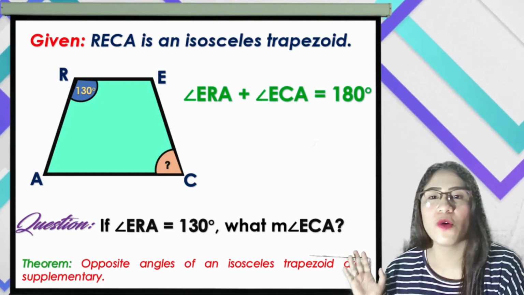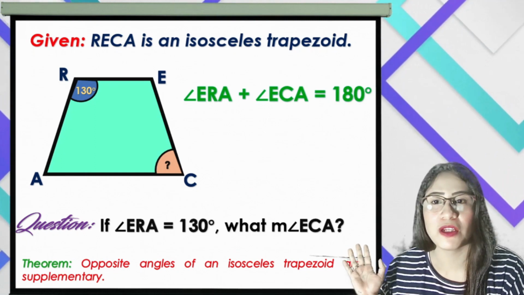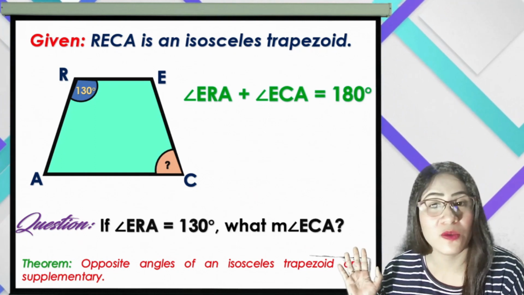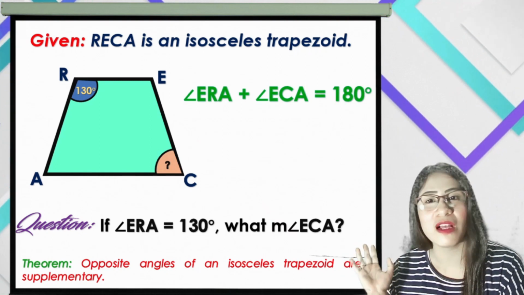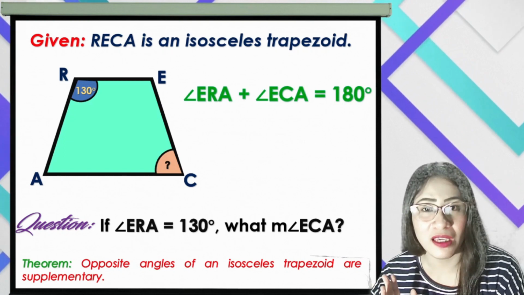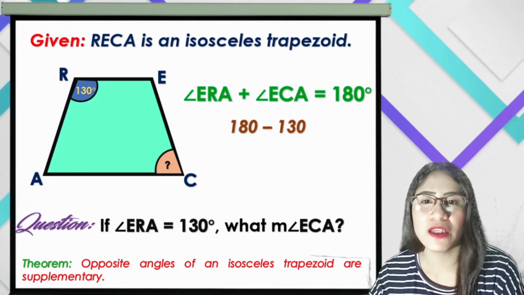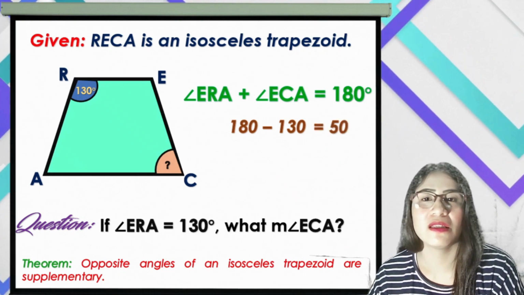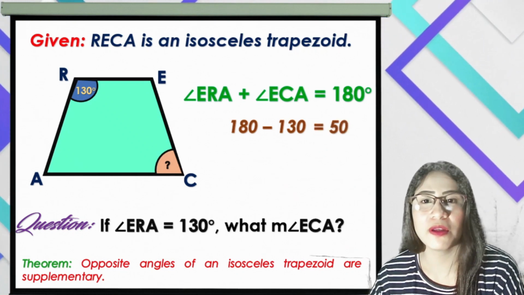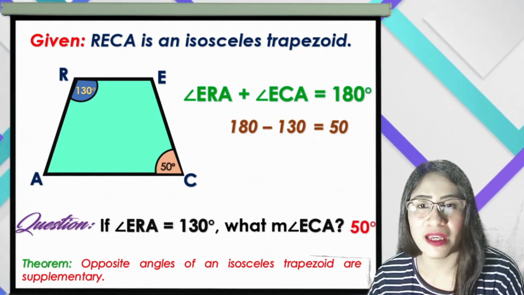Since ang tanong dito, what is the measurement of angle ECA? If the measurement of angle ERA is 130 degrees, ima-minus lang natin si 130 degrees sa 180. So 180 minus 130 is 50. So therefore, the measurement of angle ECA is 50 degrees.